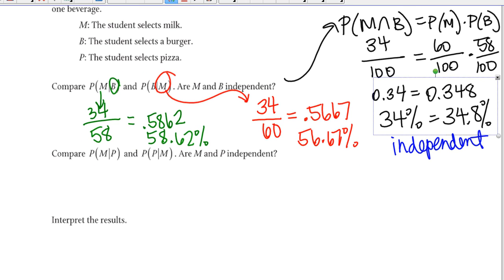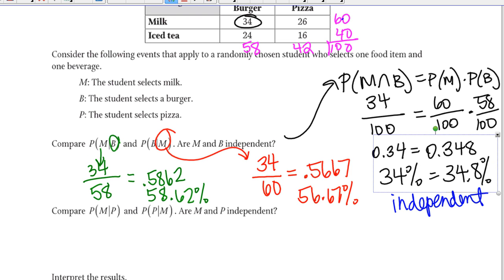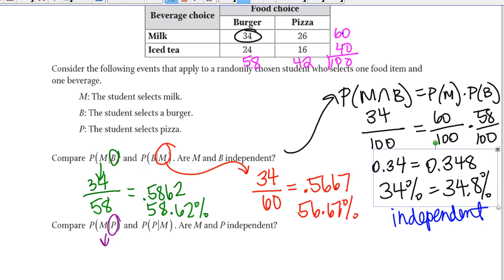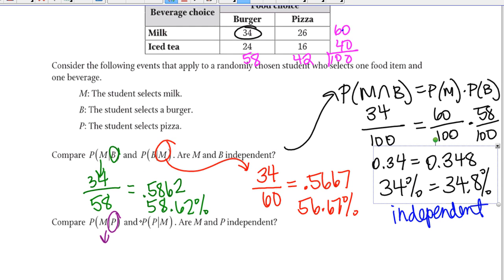Let's go back here. Okay, so now we're talking about pizza. So, we're going to do the same thing with pizza. Here, my sample space is the probability of ordering milk knowing you got pizza. Let's see. So, pizza is 42 kids. And of those 42, 26 got milk.